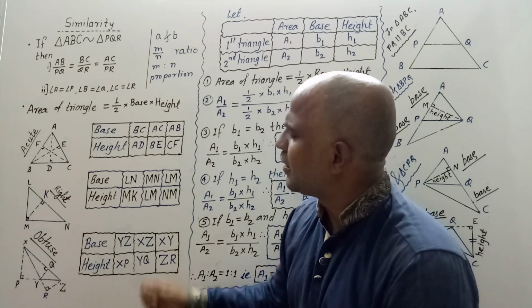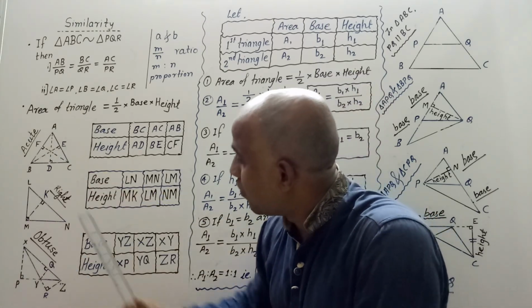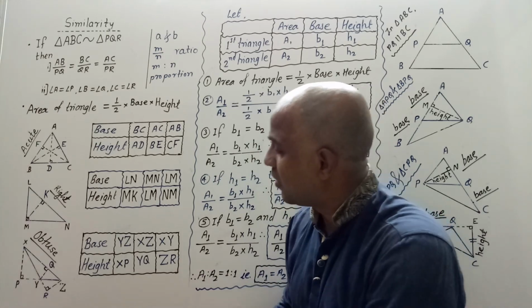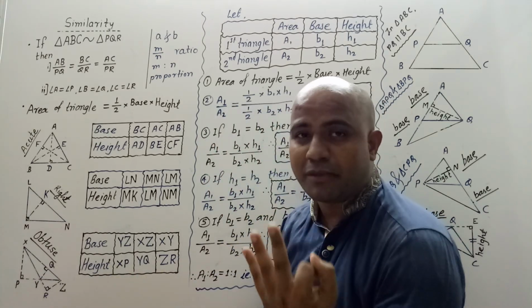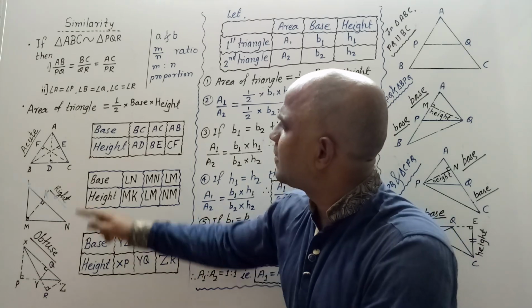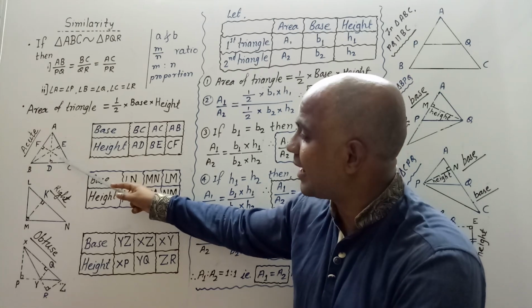We will discuss. But if you look at this, all 3 heights are inside the triangle. Only one height we can see. Here 1 is inside and 2 is outside. Because 3 bases are there, 3 heights. Means for an acute angle triangle, all the heights lie inside the triangle.